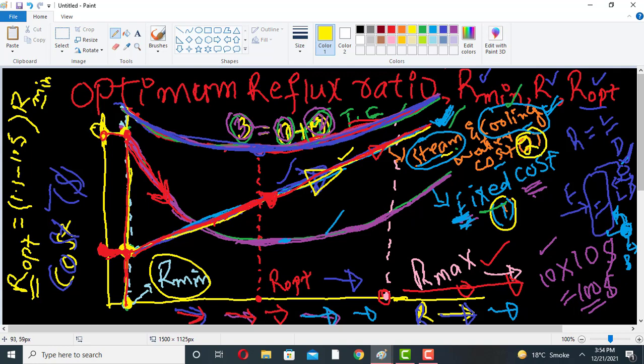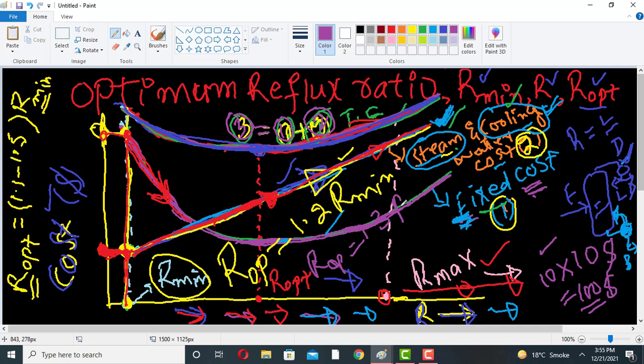It can be 1.2 times the minimum reflux ratio. It can be 1.3 times the minimum reflux ratio.